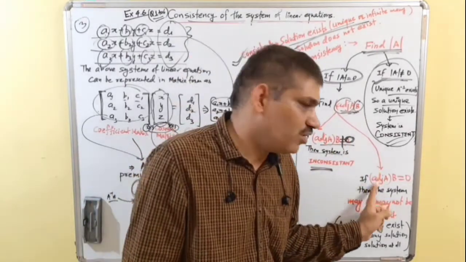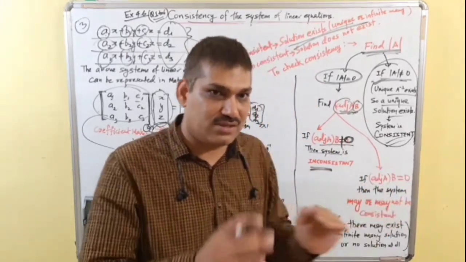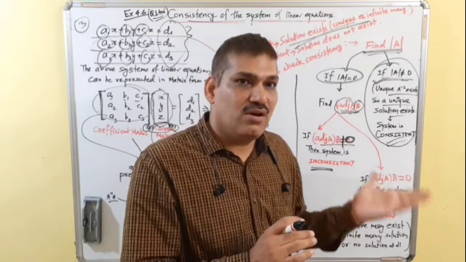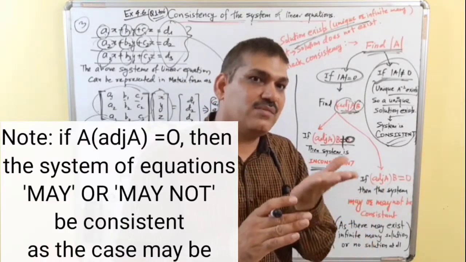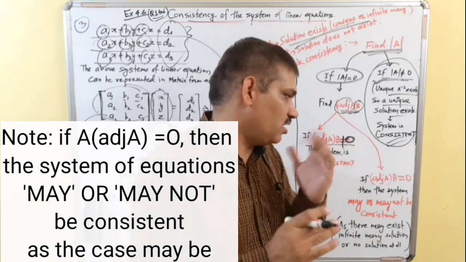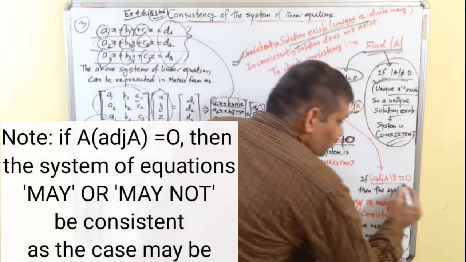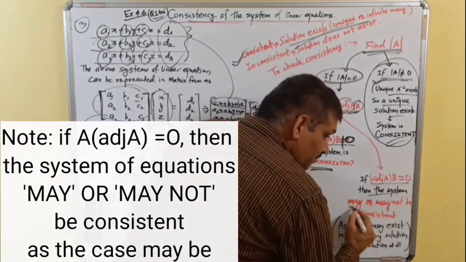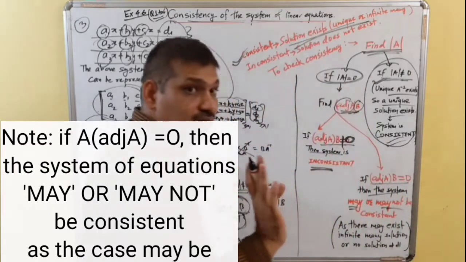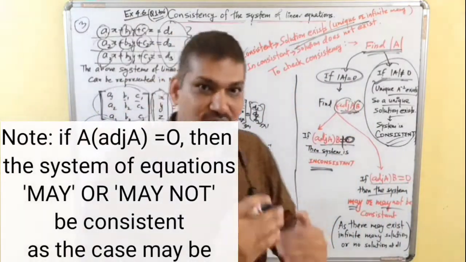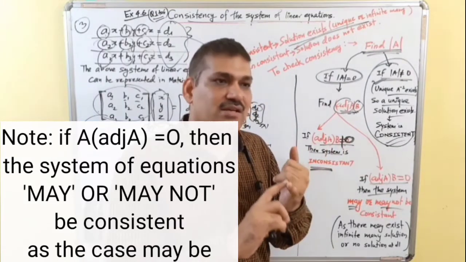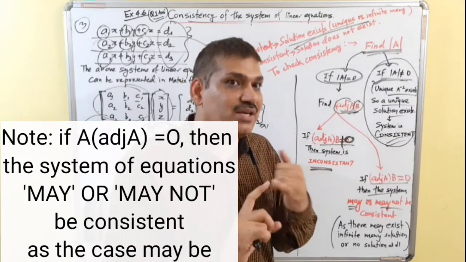But here is an important point, the most important, because in some of the books it is not clearly given. There is a mistake in some of the books. See how. If adjoint A into B is equal to 0, then the system may or may not be consistent. There may be a solution, 0 by 0 form. You must have heard of it in limits and continuity, 0 by 0 form.